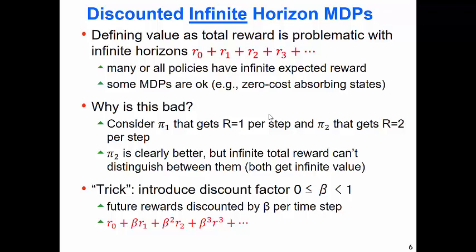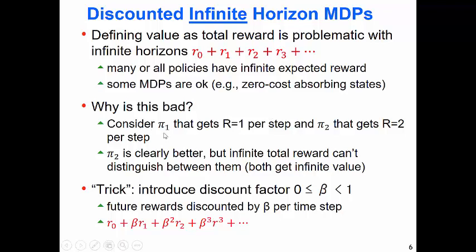This is what they'll try to optimize. So you take this average, the average reward per time step, and then you ask what that is going to be in the infinite limit. It's messier to deal with. That's all I'm going to say, and we're not going to deal with it in this class.